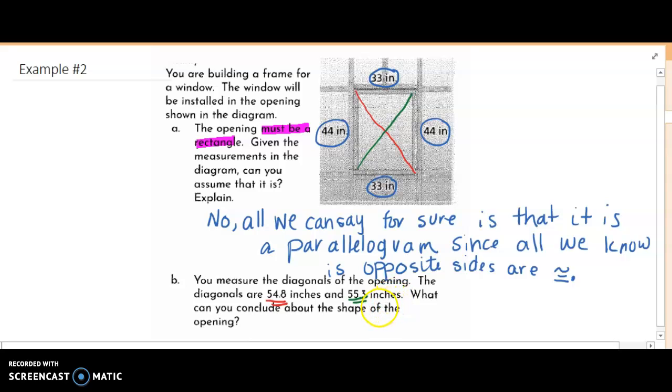Now what can we conclude about the shape of the opening? Okay, so because the diagonals are not congruent, we know it is not a rectangle.